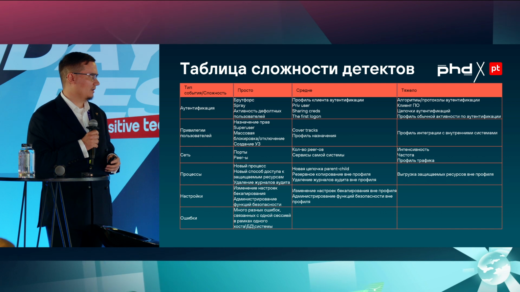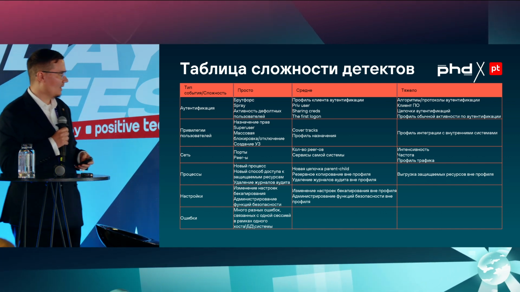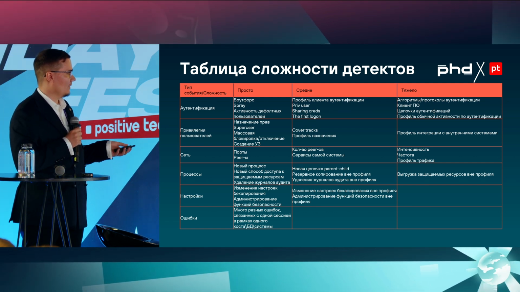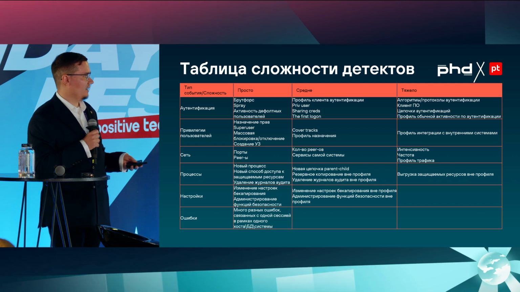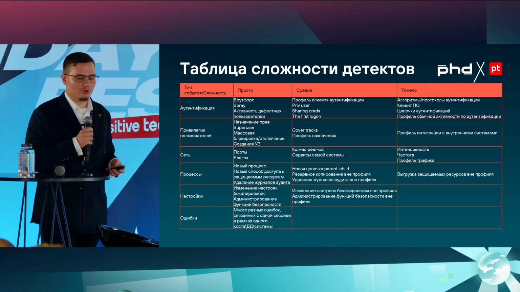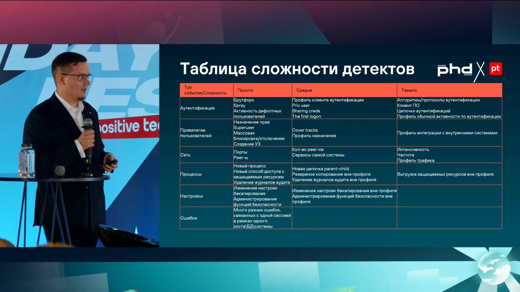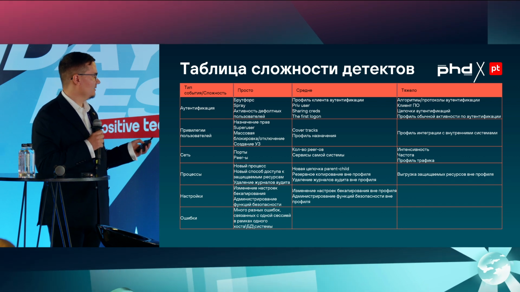This is the table of detect complexity. I don't think I need to read it out to you because I will publish the presentation. It's kind of a guideline. Which rules are the simplest, which rules are more complex, and so on. If you have a really complex rule, that may depend very well on your architecture.